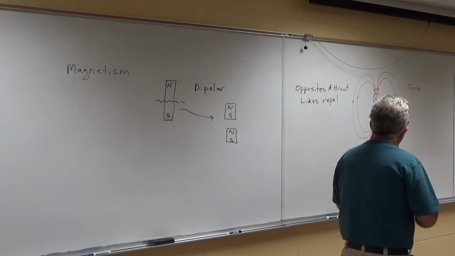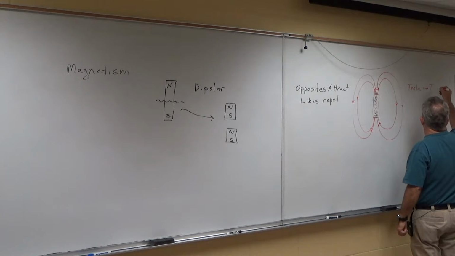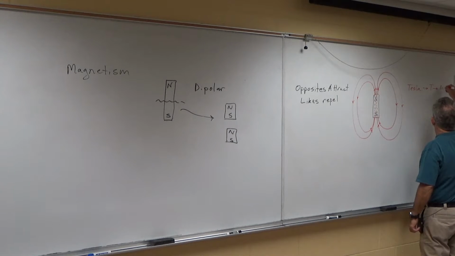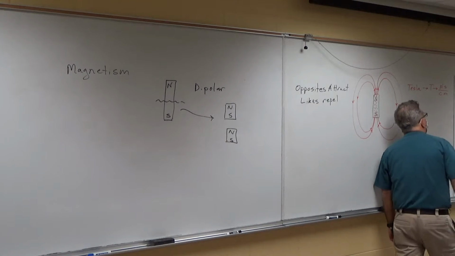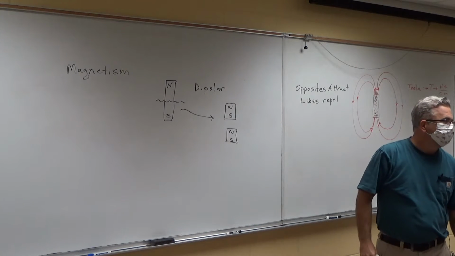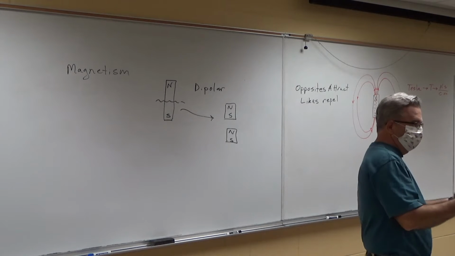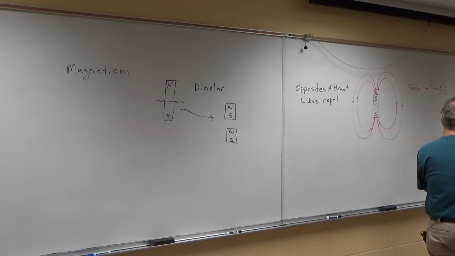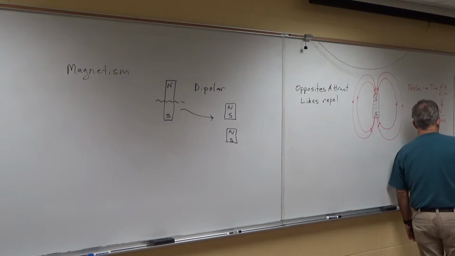Let me tell you what a Tesla is. It's capital T, by the way. It is a Newton second per Coulomb meter. That's the more fundamental units. It's also a Newton per amp meter, however you want to think about it.